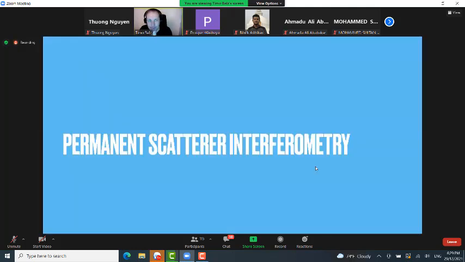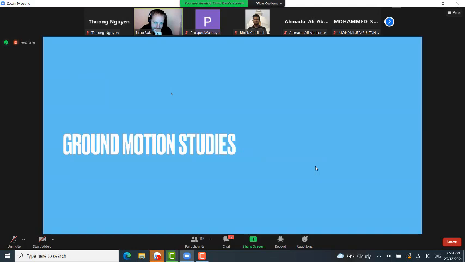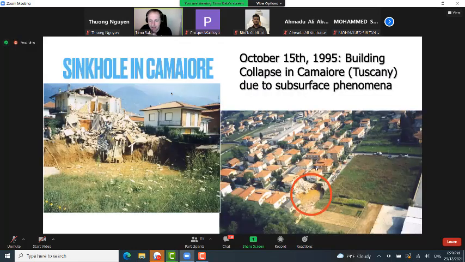So just to recap, last time we talked about permanent scatterer interferometry. We are looking at different case studies. One is the case of sinkholes.